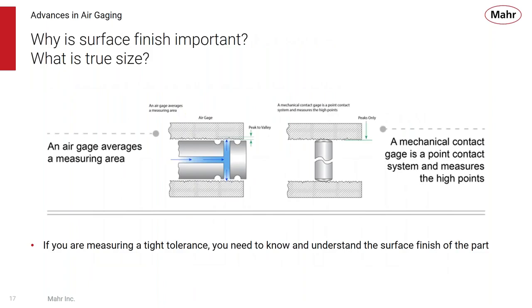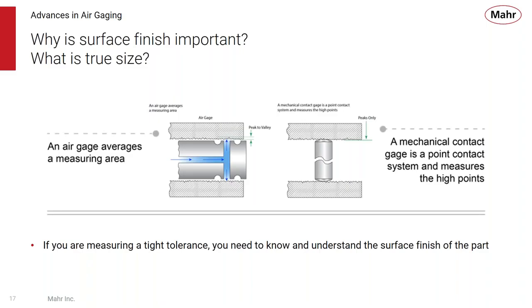Now, before I mentioned that surface finish is something that's critical for air tooling. Air tooling uses, like I said, an air jet or an orifice for creating the flow, and the restriction creates the back pressure. And that orifice is about 50 thousandths in diameter, which really is measuring over a surface area.